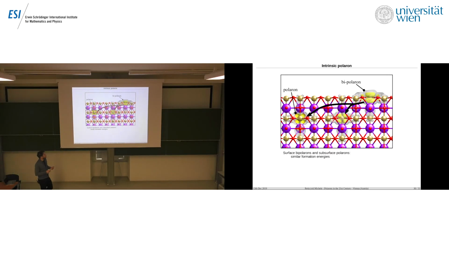But I would say that the formation of bipolarons is favored by considering the effect that they need less space in your surface. So you can reach higher density of polaron formation when you have bipolarons rather than single polarons.